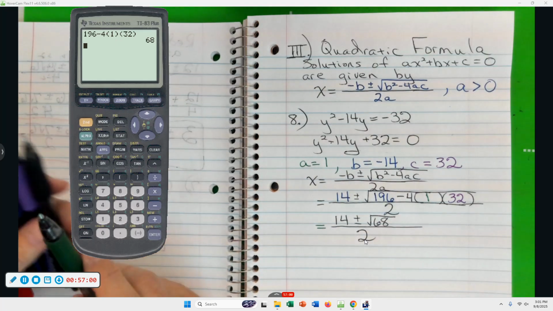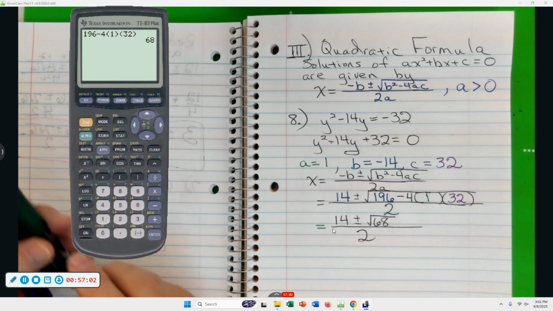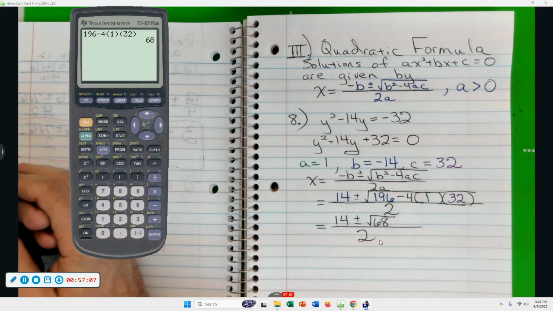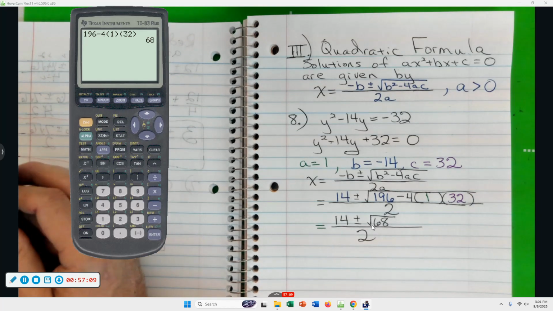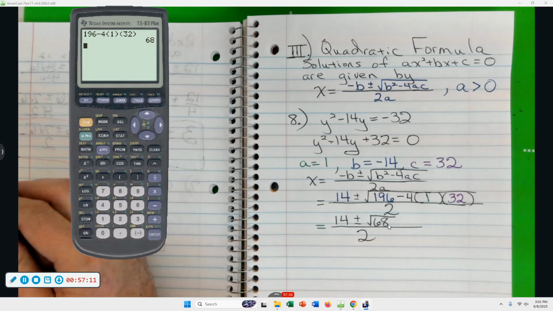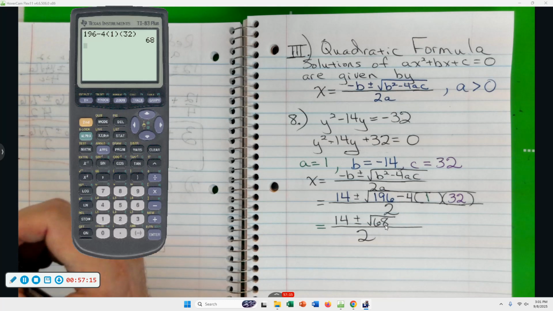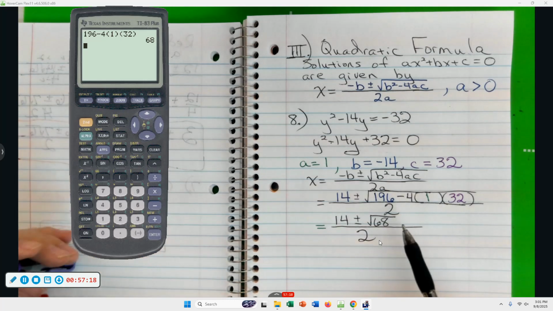I think we reduce stuff like this on day 2. Right? Yeah, we did. We were using imaginary numbers. Here there's no imaginary number. But remember I said, can the square root of 68 be reduced?